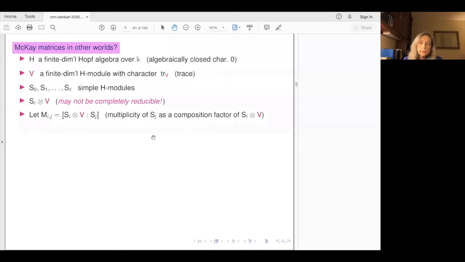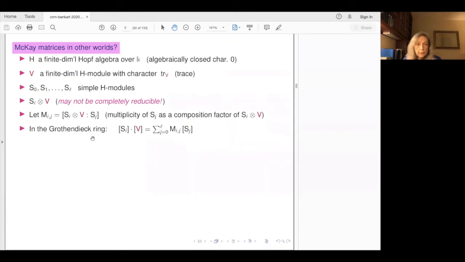Another way to think about this is to think in the Grothendieck ring. I have the isomorphism class of S_i, the isomorphism class of V. And when I multiply those in the Grothendieck ring, I'll be able to write that as a non-negative integer combination of the isomorphism classes of the simple modules.